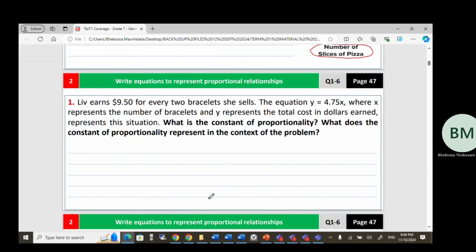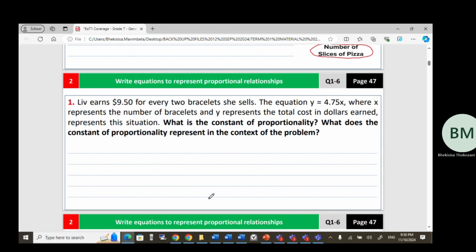Now, another interesting question here. So now we're going to look at equations that represent proportional relationships.